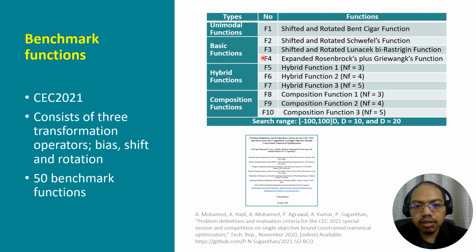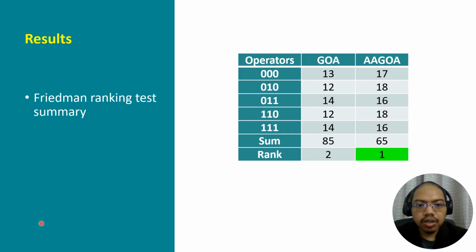Now, based on all the results that we have, we need to do some analysis. There are two analyses that we have used. The first one is called the Friedman ranking test. Based on the Friedman ranking test, it ranks how the algorithms fare against each other. Here we have AAGOA and GOA, and of course rank 1 is the better algorithm compared to the second one.